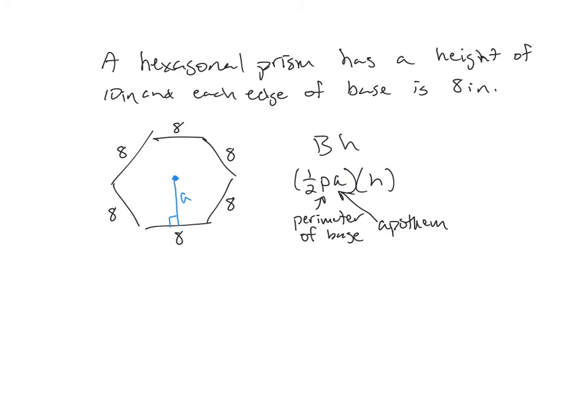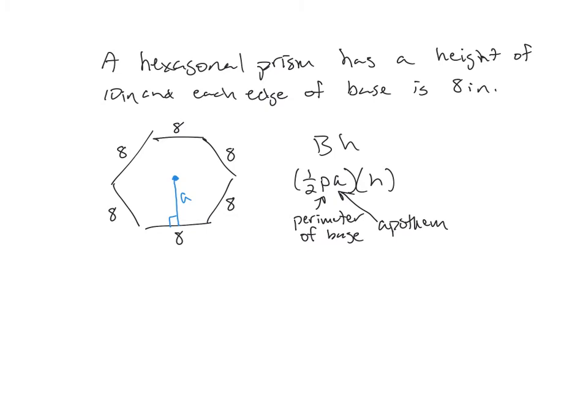It actually doesn't matter which, but it's got to be a right angle, and it's got to be from the center. Okay, so that's going to be like the trick, because we got to go back and do some more area of, in this case, a hexagon.